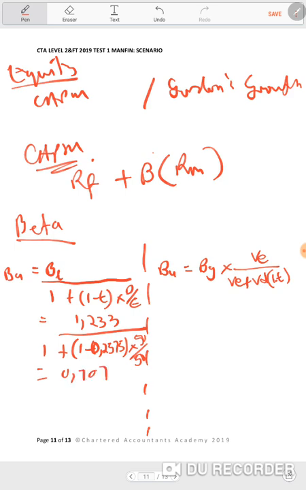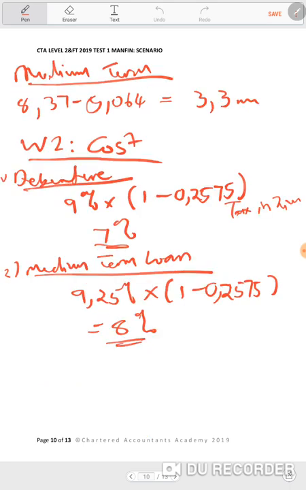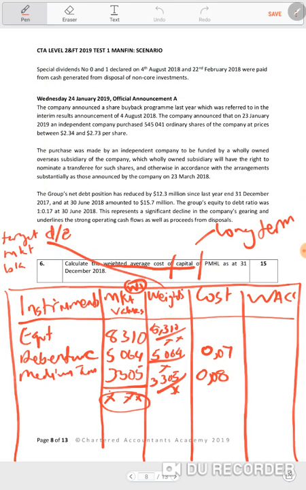So relevering, we have two options here. We're going to use our own debt to equity ratio, right? So which debt to equity ratio do we have? The one I saw was over here. The group's debt to equity ratio was 1.1:1, and most of you used this one.